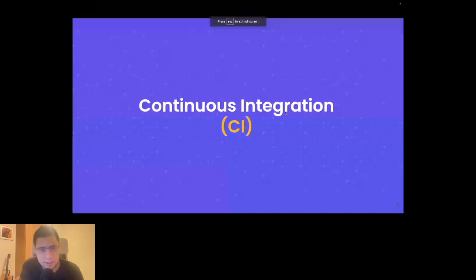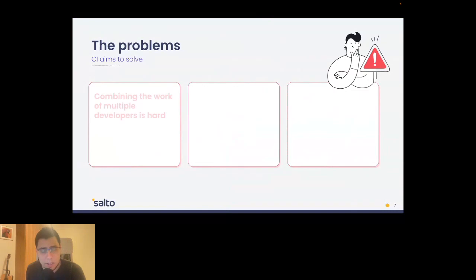Let's start with the CI of CI/CD, which stands for continuous integration. To understand what continuous integration is, we first need to understand the problems that it is meant to solve. Initially, combining the work of multiple developers is hard. Unless you're a solo developer, likely you have other developers and you're working on overlapping code.